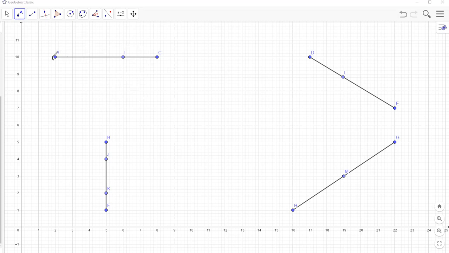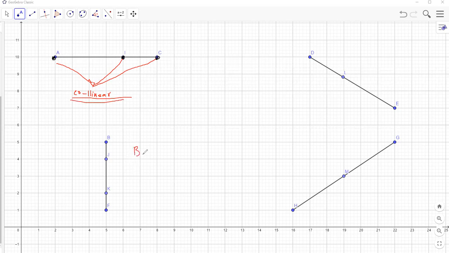If you look at point A and point I here and point C, those points lie exactly on the same line. And because they lie exactly on the same line, we say they are collinear. Okay, points that lie on the same line are collinear.